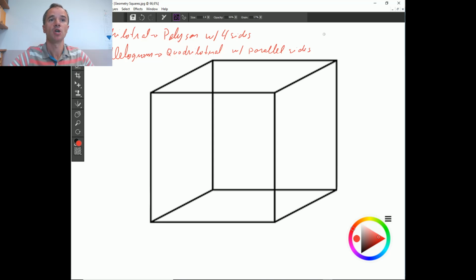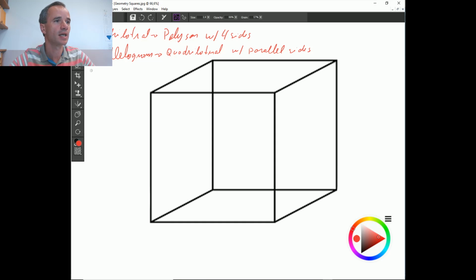Okay, so what's going to be a parallelogram? This is going to be a parallelogram. Well, those two in here are parallel, and those two are parallel. Okay. For instance, this is a parallelogram.